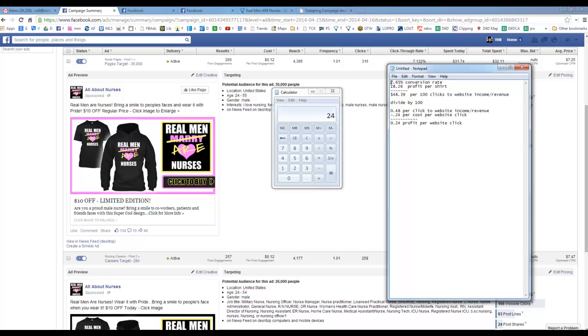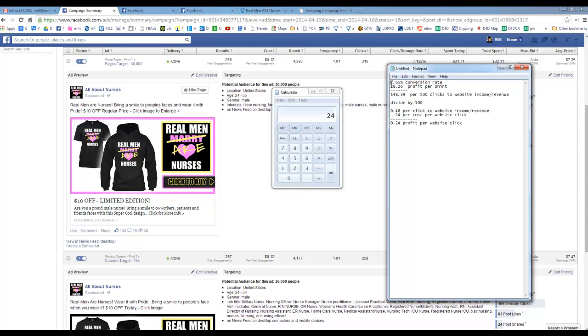What I have found typically on my regular t-shirts, I haven't run very many hoodies with this profit margin, but with t-shirt priced campaigns, I typically see a 20% multiple purchasers.